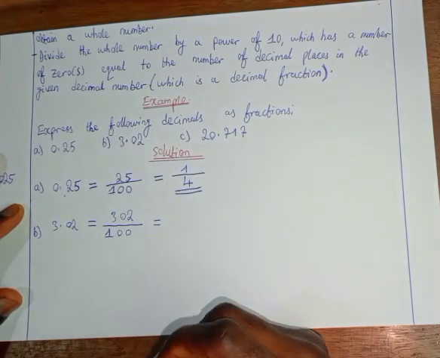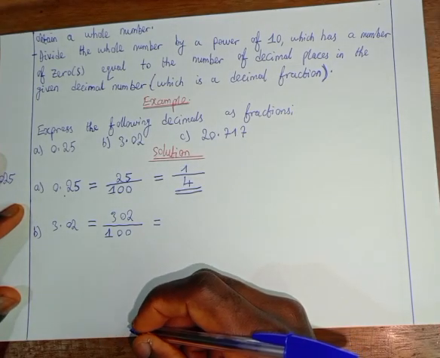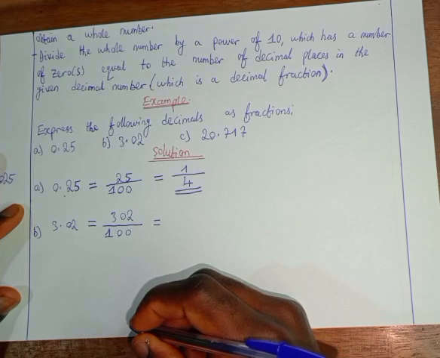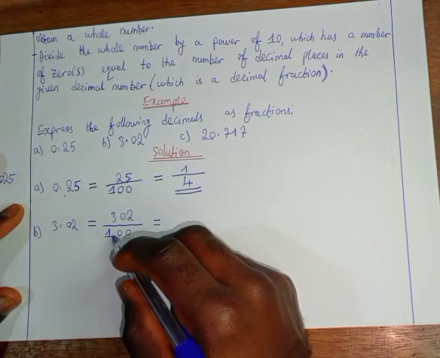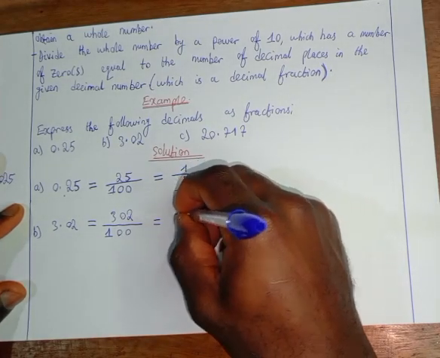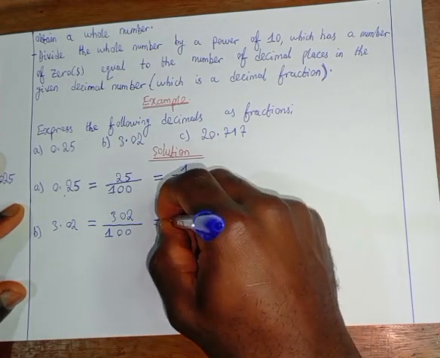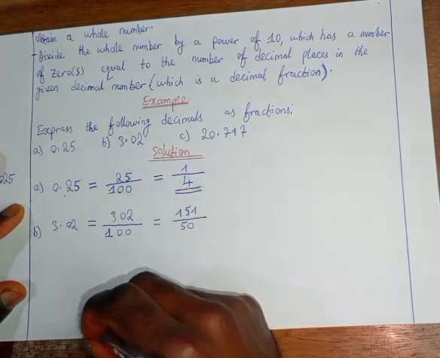This will give us 302 over 100. Next, we can simplify. We know the HCF of 302 and 100 is 2. 302 divided by 2 gives us 151, and 100 divided by 2 gives us 50.